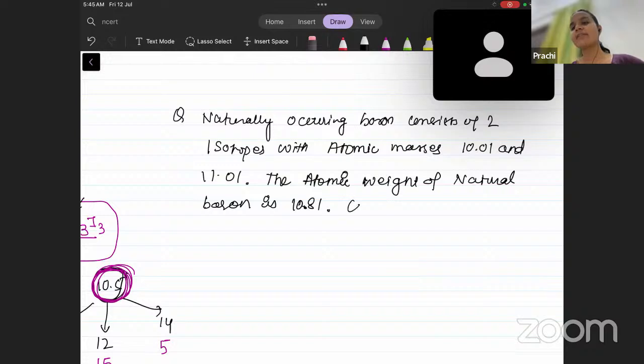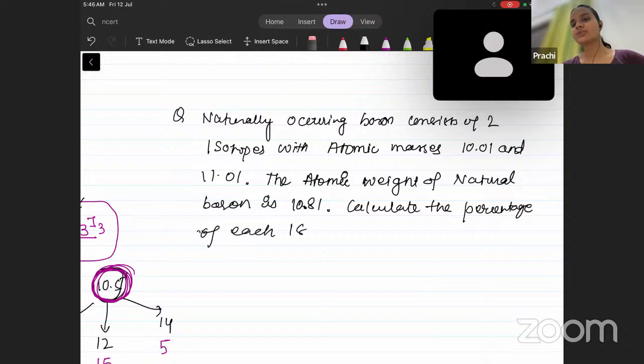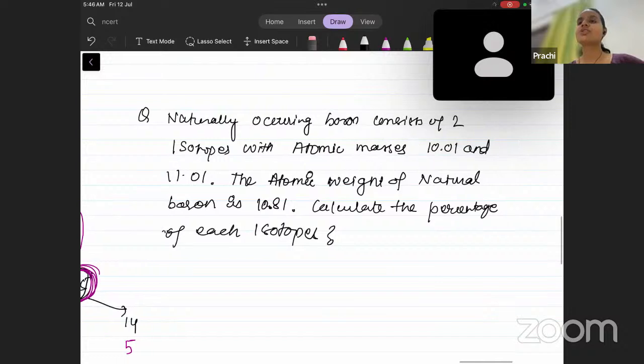So here you have to calculate the percentage of each isotope, right? So yes, the question can be changed for calculating the percentage abundance. So instead of asking you about the average atomic mass, they may ask you about the percentage of each isotope, right?